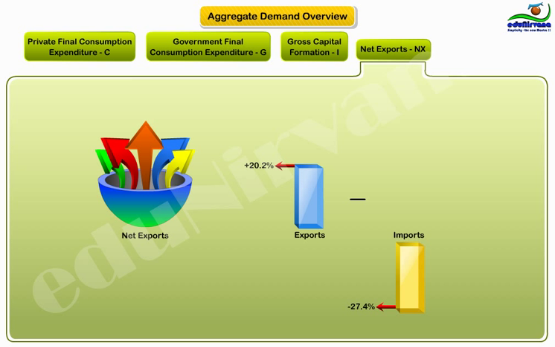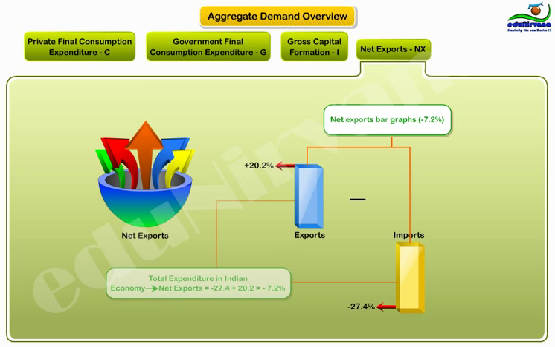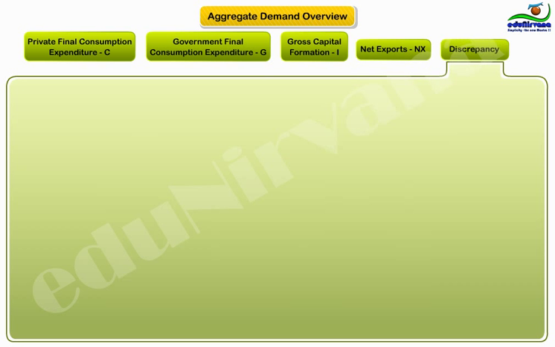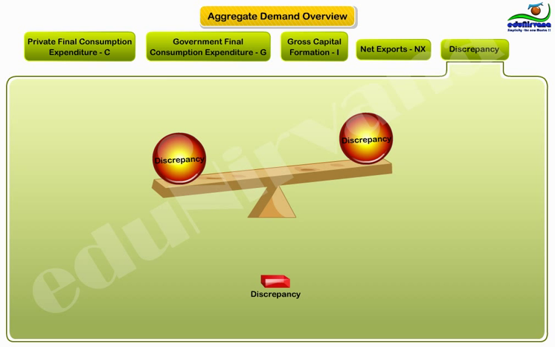Imports are the same and it forms around minus 7.2%. That is, exports 20.2% and imports 27.4% of total expenditure of the economy. Note, there is another element in the real world, that is discrepancy, which contributes close to 0.3% of total expenditure.